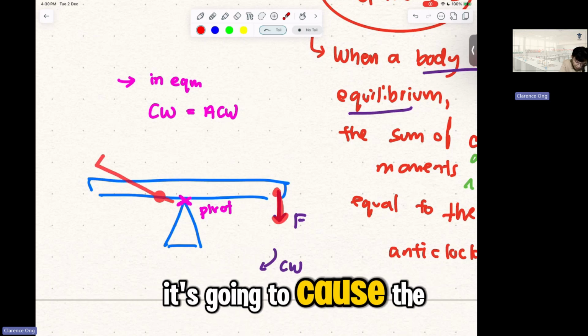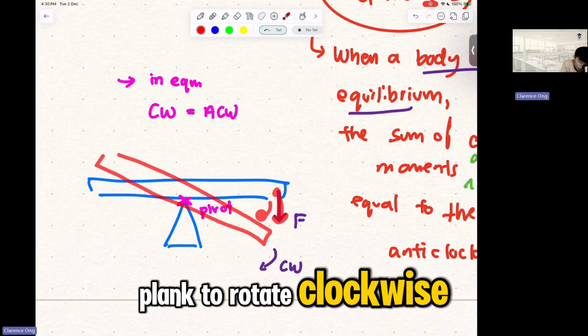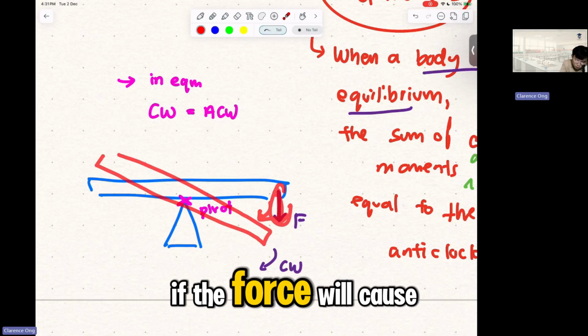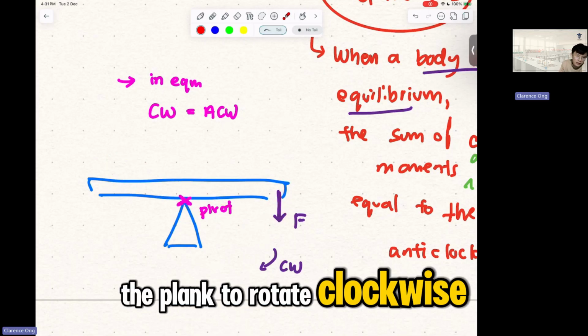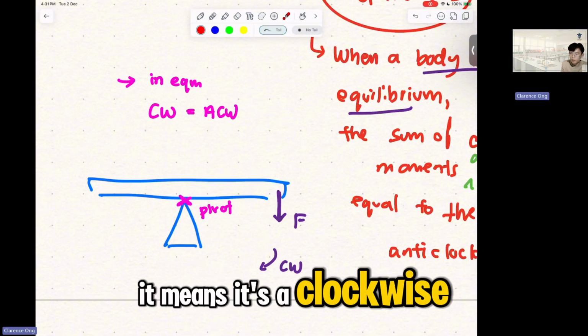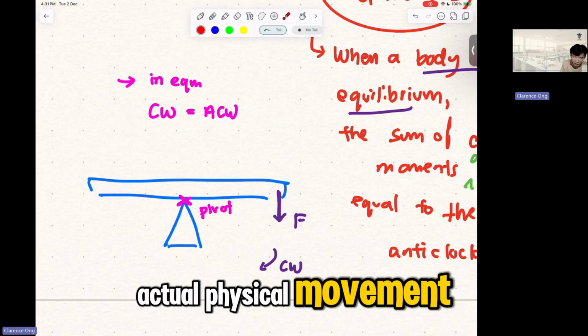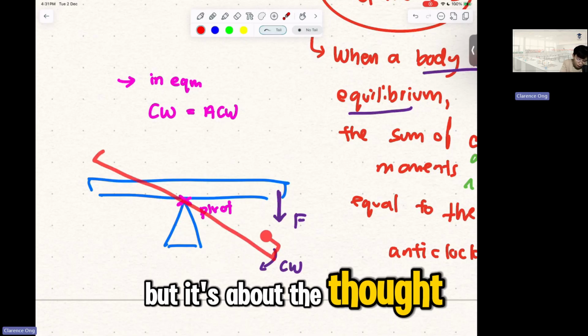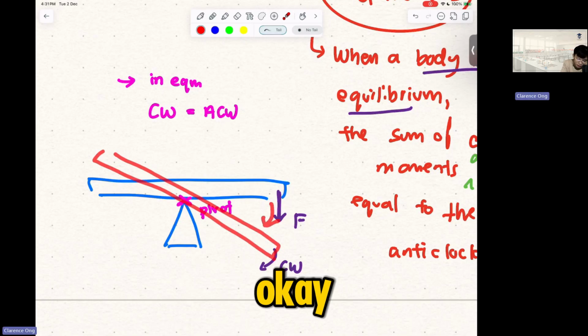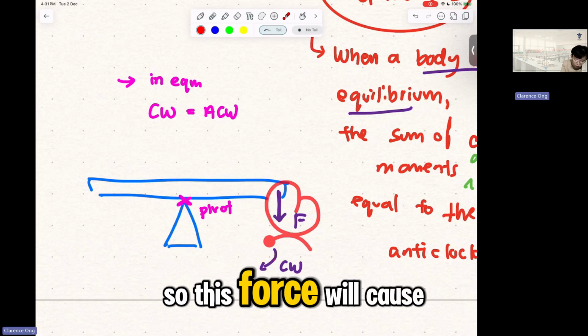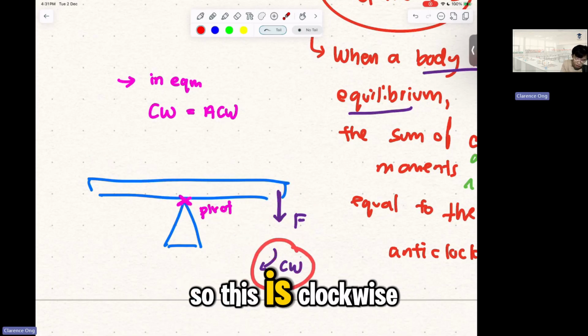It's going to cause the plank to rotate clockwise. So if the force will cause the plank to rotate clockwise, it means it's a clockwise moment. There need not be any actual physical movement, but it's about the thought. Okay? So this force will cause a clockwise moment, so this is clockwise.